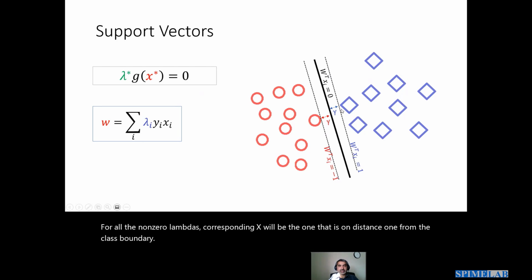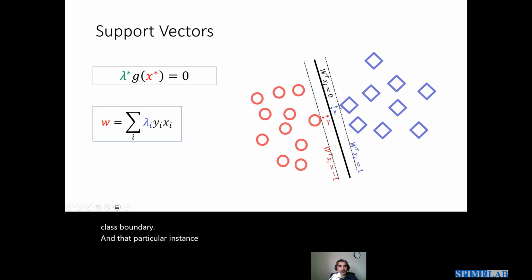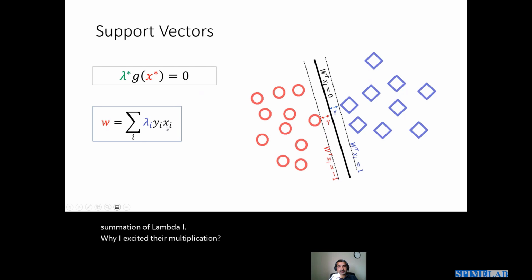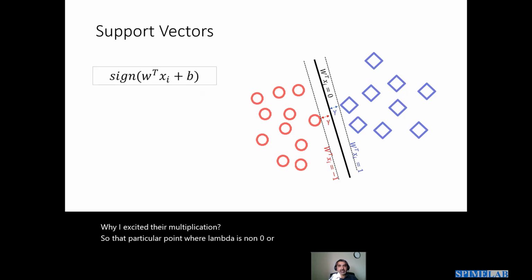For that particular data point we can calculate W, where W is equal to the summation of lambda i, yi, xi, their multiplication. So the point where lambda is non-zero or positive is going to be our important thing that we started our story today for.